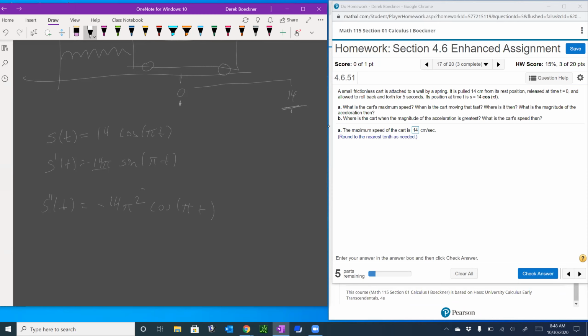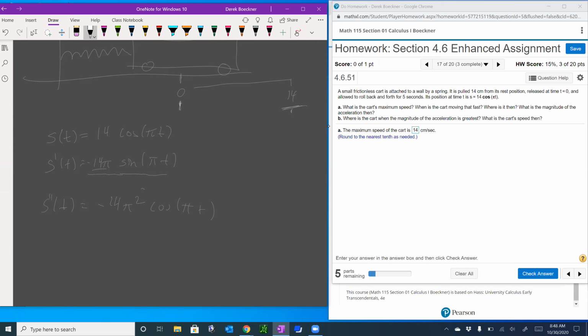Okay, and that's going to be 0 when we're back to our original starting position, which is where it should be the maximum speed. So to get the maximum speed, we plug one of those integers into the speed function. But these aren't the integers anymore. These are the half integers where we're back here.